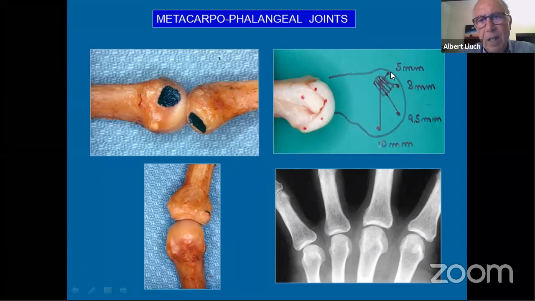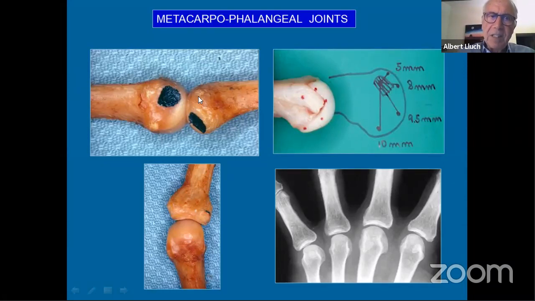So there is a big difference, 5 millimeters in the dorsum and 10 millimeters when it goes volar. And this explains why the collateral ligaments are lax in extension and they are tight in flexion.